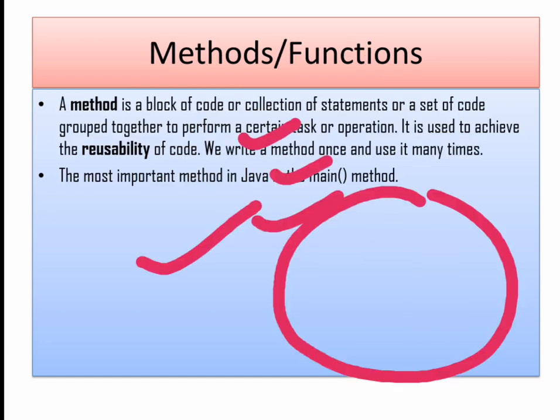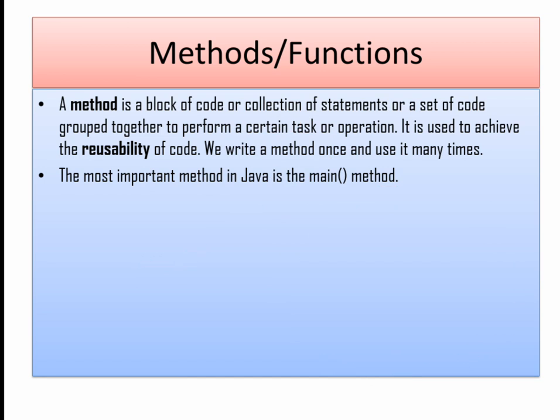What are methods and functions? Because without knowing the method, you can't identify the type of variables. So what is a method or a function? Let us read the definition first.